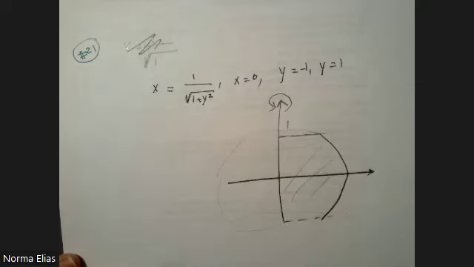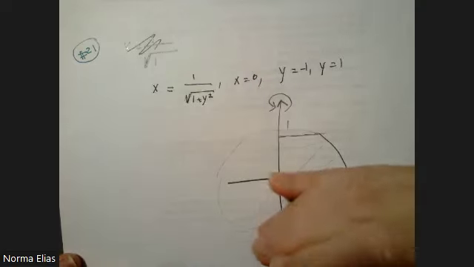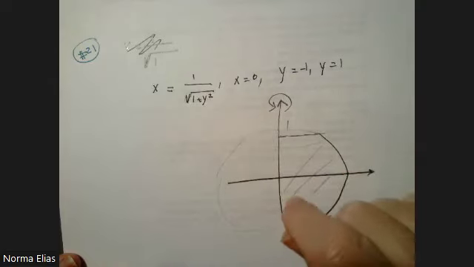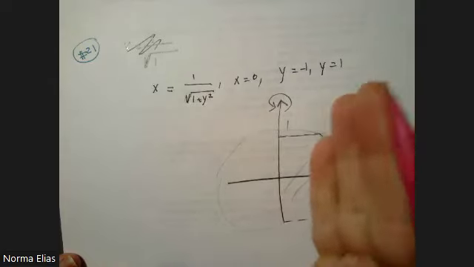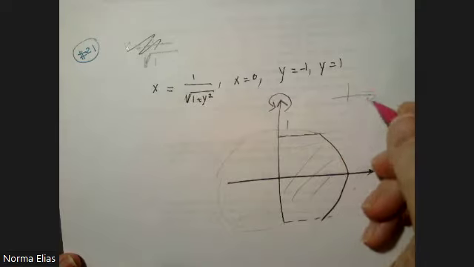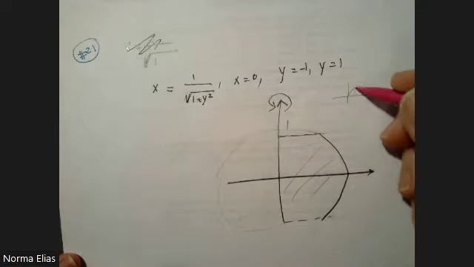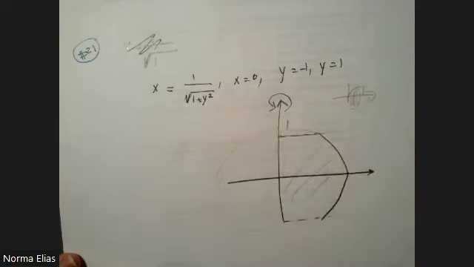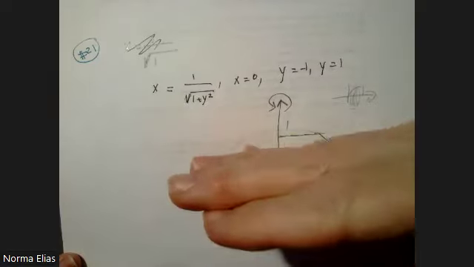The approach will be the same. Okay, we are going to cover this with little cylinder, with very thin cylinder. But instead, when we rotate it about the x-axis, the cylinders were vertical. So we cover this whole region with vertical cylinder. In this case, we're going to cover them with horizontal cylinder.